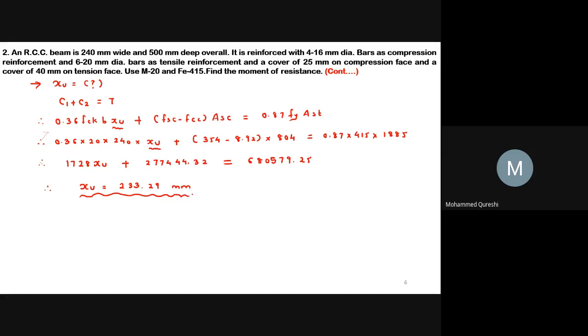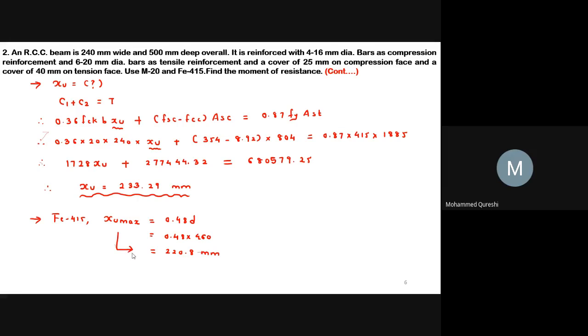Now we will check whether the section is over reinforced, under reinforced or balanced section. As we know, for Fe415, the limiting depth of neutral axis xu max is 0.48 d. So putting the value of effective depth d that we had obtained earlier as 460, we will get the value of xu max as 220.8 mm.